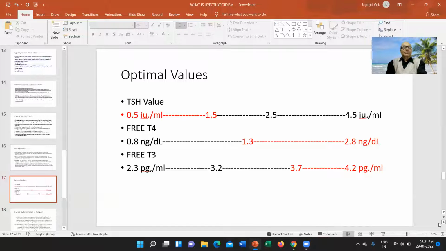Optimal values. TSH of 0.5 international units per milliliter to 4.5 international units per milliliter is normal, but the optimal level is 0.5 to 1.5 international units per milliliter.